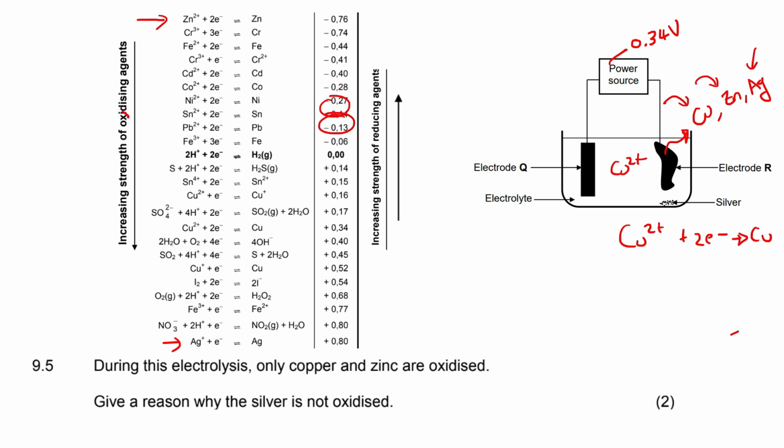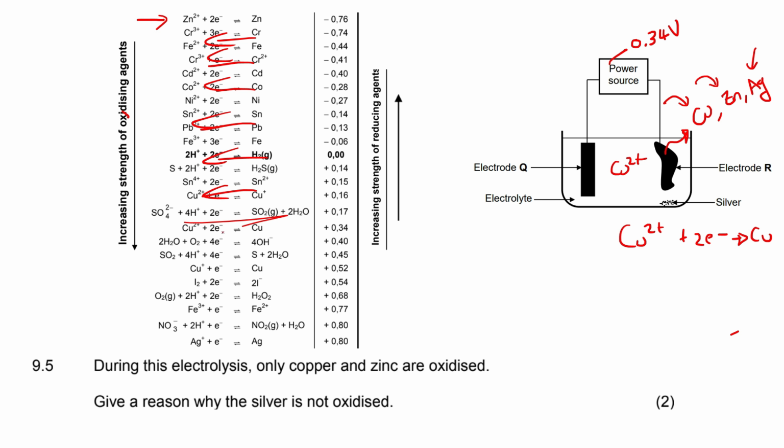These ones are negative, meaning that they are so desperately wanting to oxidize, they will do it for free. You don't even have to give them a battery, they'll just oxidize. So everything from 0.34 and above, they are all going to oxidize. Every single one of those will be oxidized by a battery of that strength.